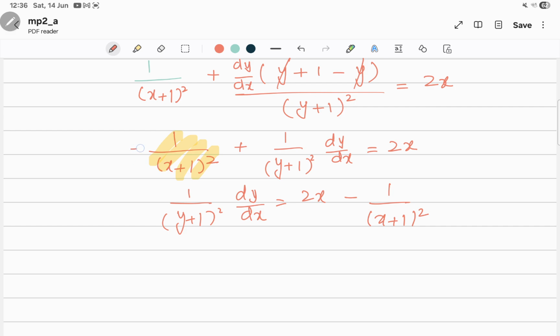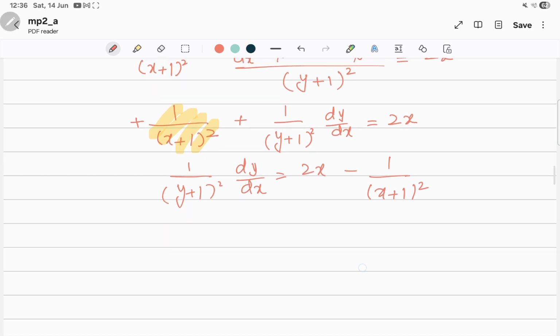This term was positive here, so if you take this to the right hand side of the equal sign, it will be negative. And I want to eliminate this y plus 1 whole square from this side to make dy over dx the subject.